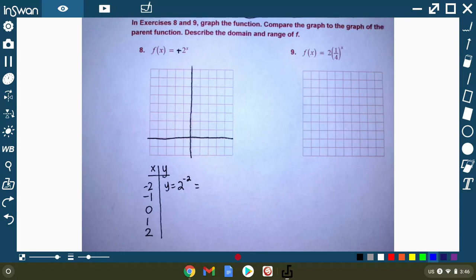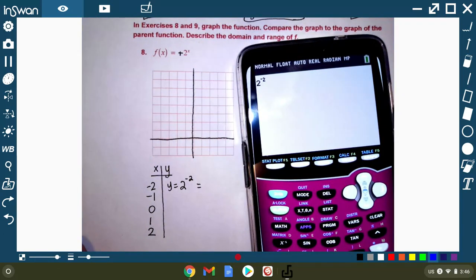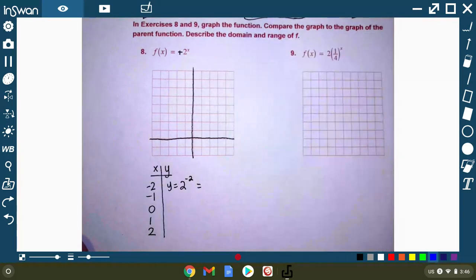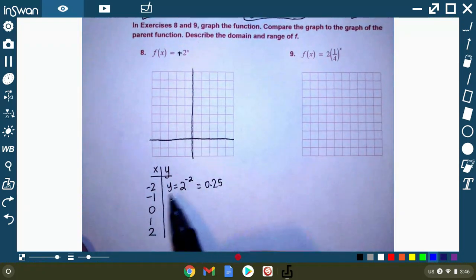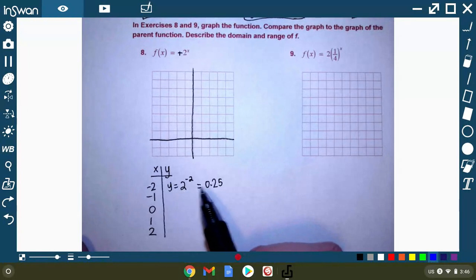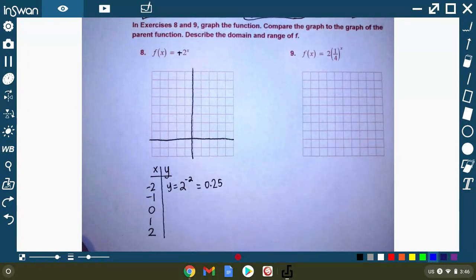For these, you're going to want to use a decimal because we have to graph them, so we need to know where they're located. So 2 caret -2, and then we'll get 0.25. You can show this work every time, but if you understand where it's coming from, you don't have to. I'd put it at least once, because this is a good reference for your notes.